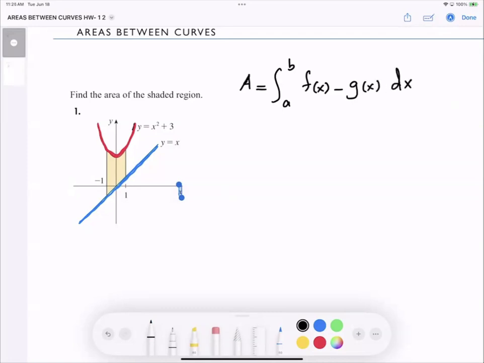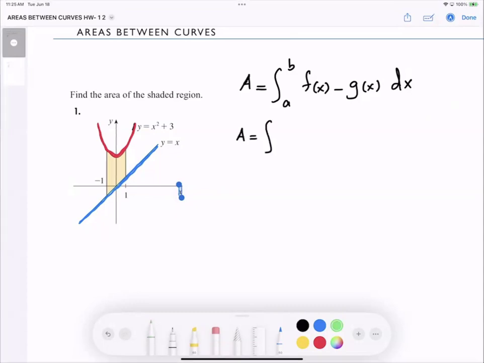Sometimes we can switch around as well, but for these two functions, we don't have that much of an issue. So basically the area is equal to the integral.